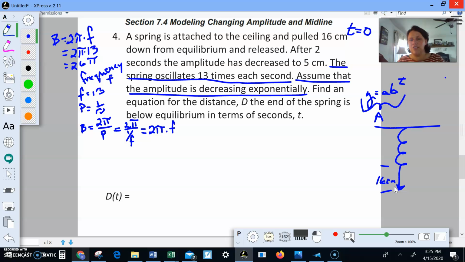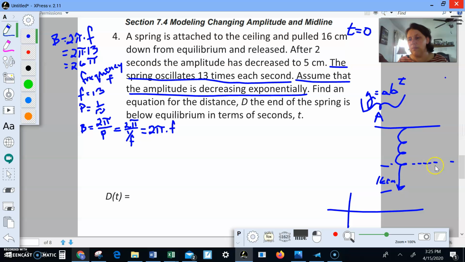If we are measuring this distance d, this is going to be the longest that this distance is going to be. So when we think about the graph of this equation, our midline is our equilibrium. Make sure you realize this is our midline.